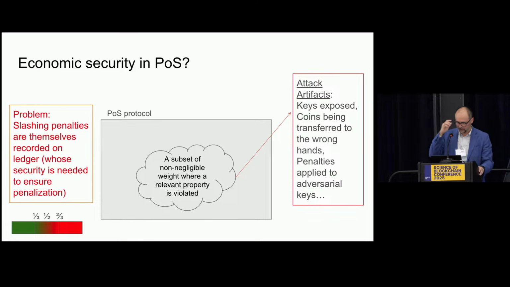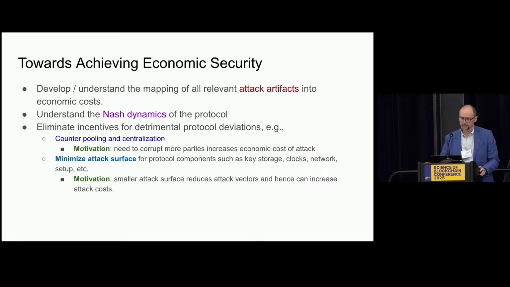As a result, an execution drawn from a sample of non-negligible weight that exhibits a property violation will have a number of those artifacts, perhaps different artifacts in different cases. But the point is that we can completely catalog those events in a comprehensive manner.